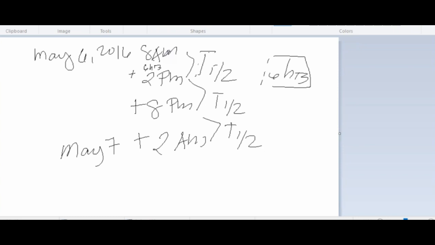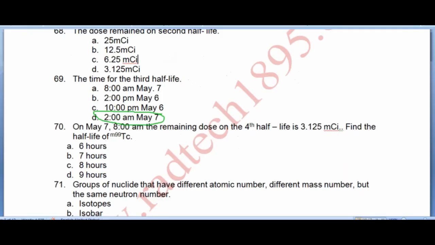Again, on number 70, on May 7, 8 a.m., the remaining dose on the fourth half-life is 3.125 MCI. So, find the half-life of Technetium 99M. So, yung may given po tayo dito, May 7, 8 a.m., the remaining dose daw, dahil naka-fourth half-life na siya, so 50, we will divide it by 2, 4 times, so 3.125 MCI.